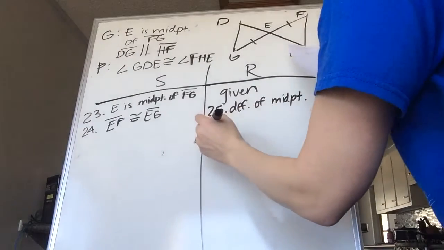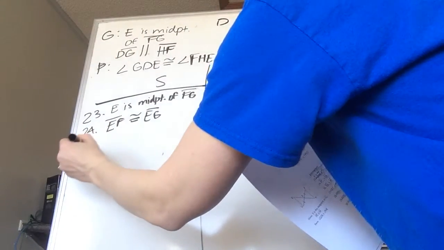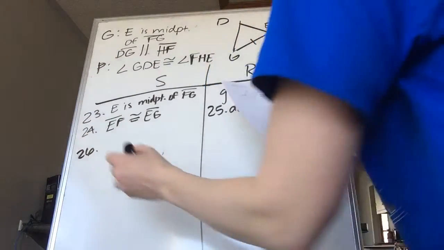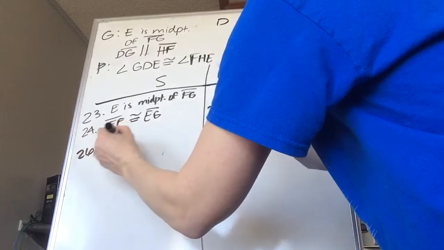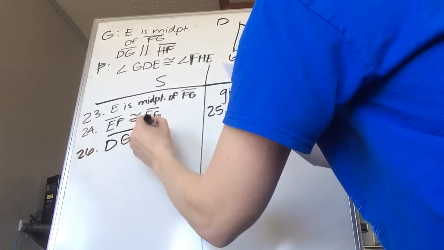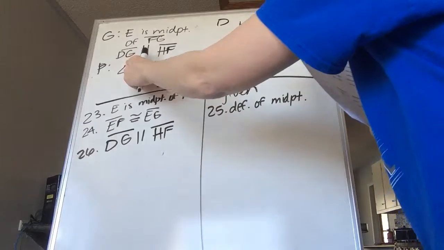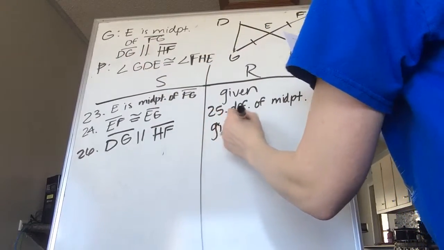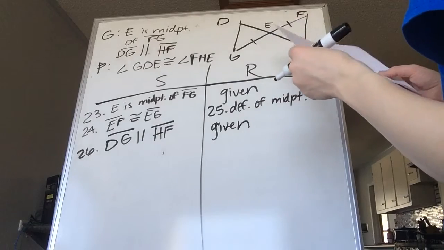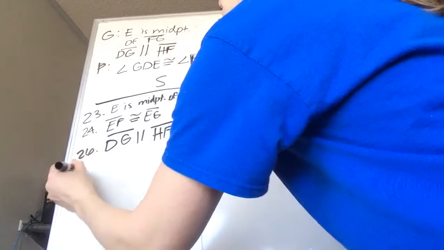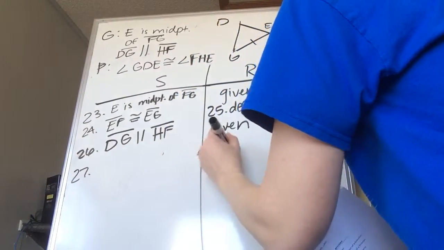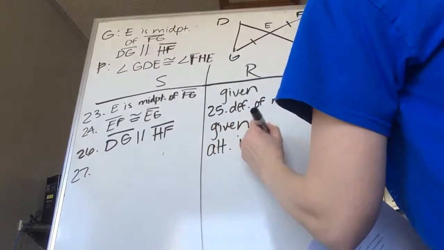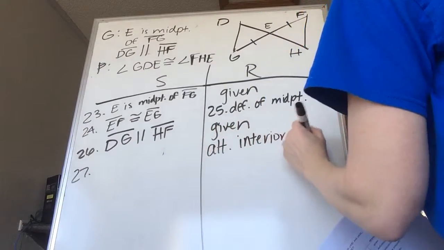Next, it says that something is parallel. We have some of those signs already filled in for us, and that's a given. So line segment DG is parallel to HF, and that was given. I'm just putting in the information they already told us. The next reason is alternate interior angles, which gives us a good hint of where to go from here.